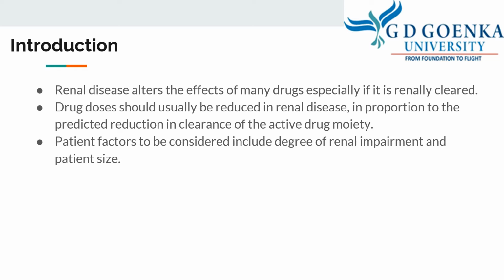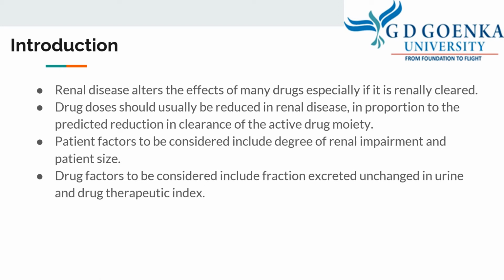The patient factors that need to be considered include two: as we have already seen, renal impairment, and second, the patient size. For an average individual, patient size is taken as 1.73 square meter.